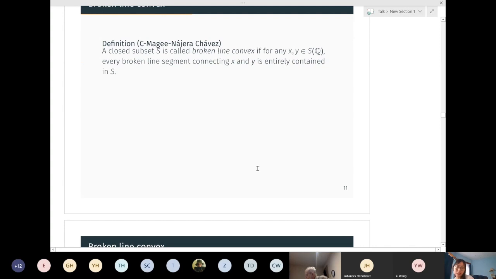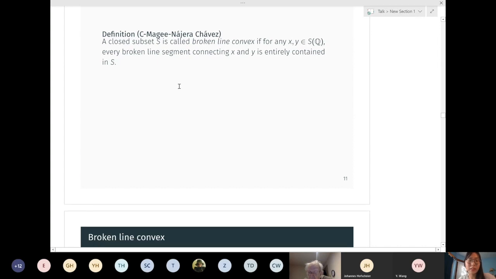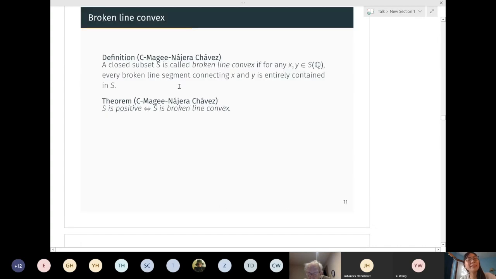This is what Magee and Najera Chavez proposed. We say a closed set is broken line convex if for any two points in the set, it is exactly like the usual convexity, where any line joining X and Y is contained in the set, but now we say every broken line segment with endpoints connecting X and Y will be contained in the set.